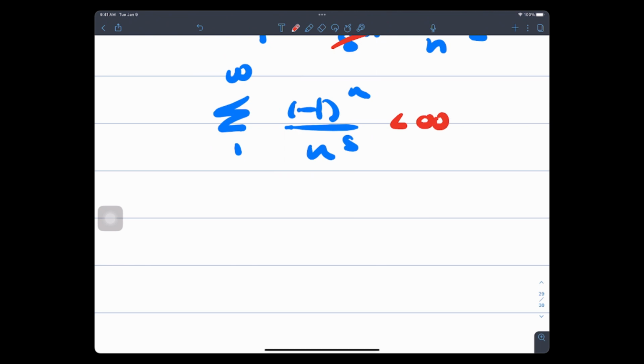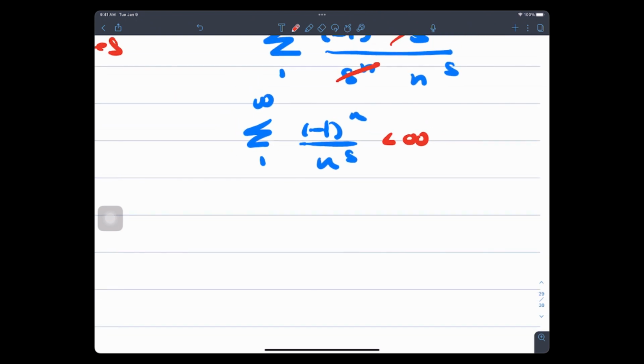How do you know that converges? Anybody know? What do you have to say? Don't guess. You can't guess. I'll mark it wrong. I guarantee you it'll be wrong. You have to give the right justification. What is it? By what? Alternating series test. Is that true? Does that converge by the alternating series test?